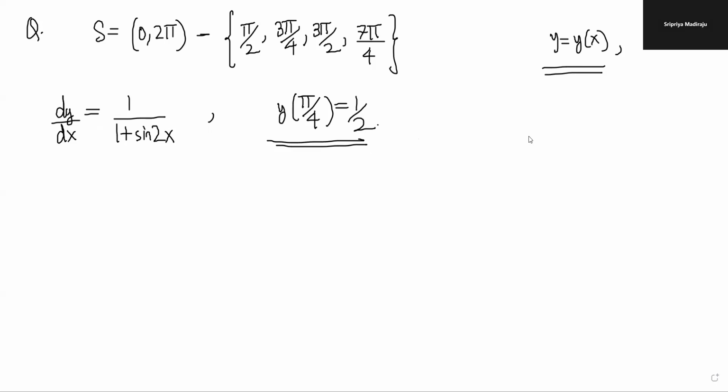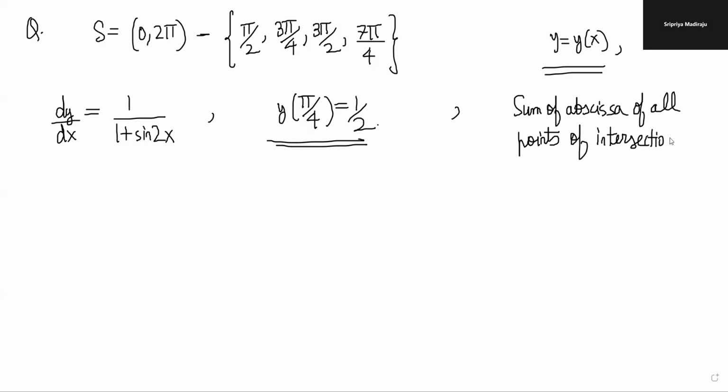You were not careful, that's why. Sum of the abscissa of all points of intersection of y is equal to y of x with y is equal to root sine x.